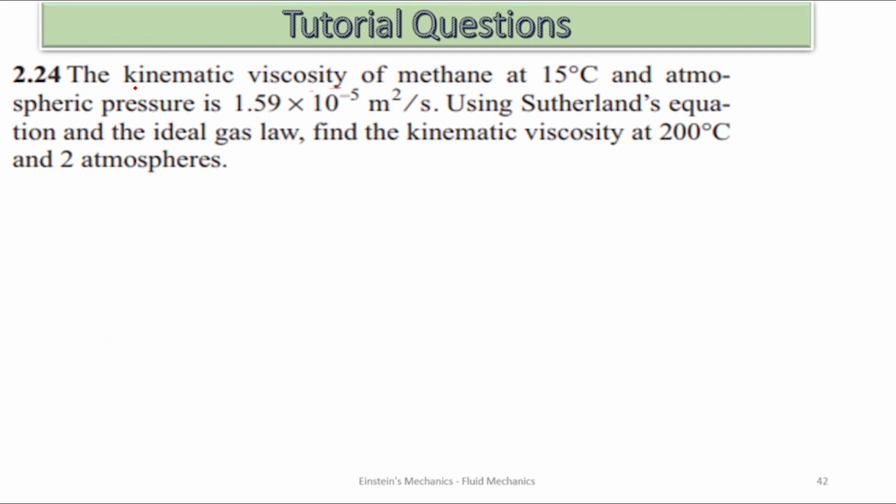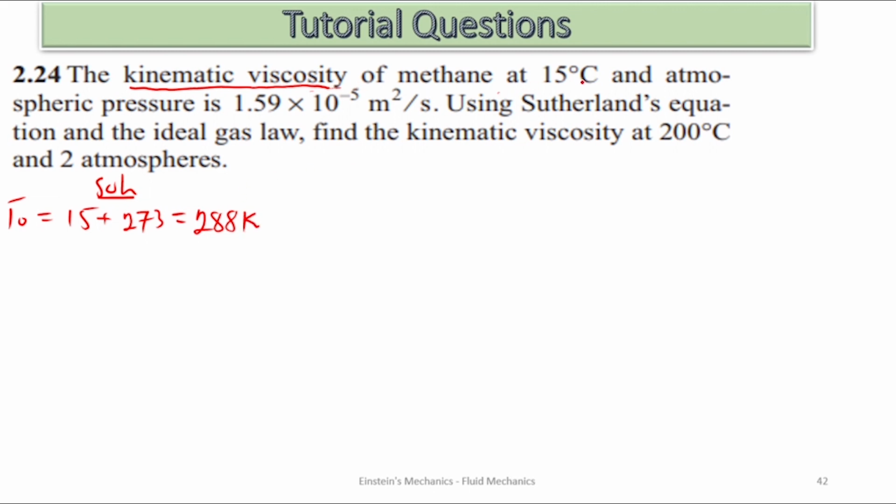So we have the kinematic viscosity of methane at 15 degrees Celsius. Can I list my parameters? T naught, the first parameter, is equal to 15 degrees Celsius. I will convert it to Kelvin; if you are given Kelvin, there is no need to convert again.